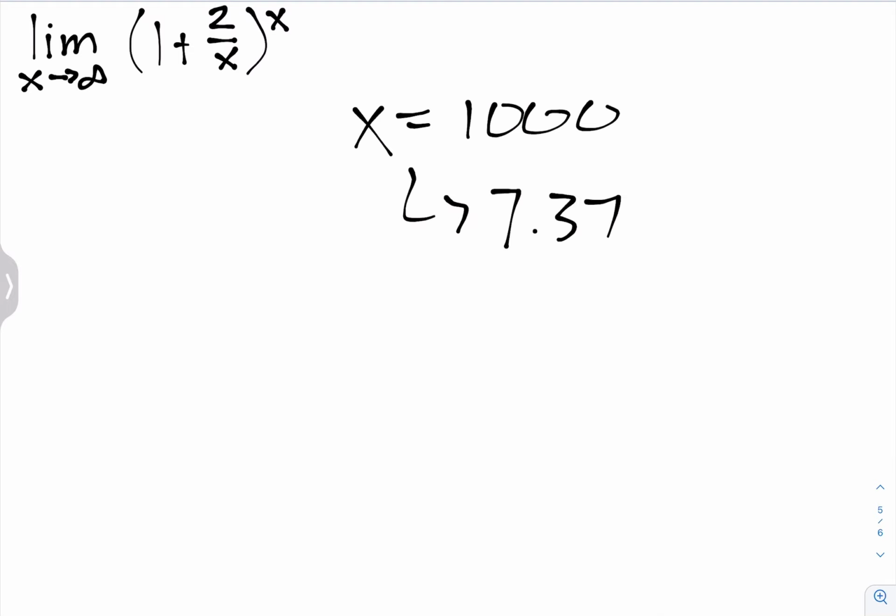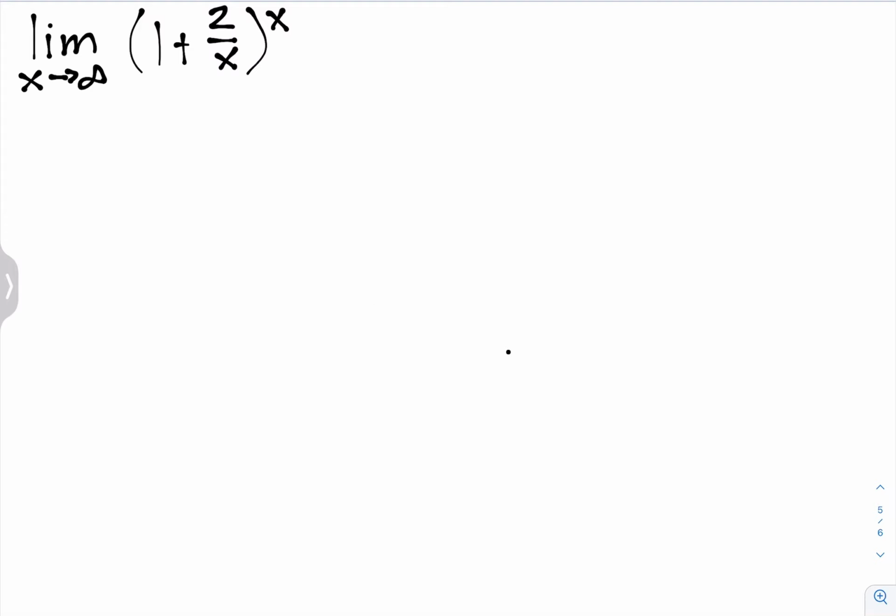Now, e is only 2.718, but let's say we were to square e. If we were to square e, that's 7.39. So those two are super closely related. So let's see if we get e to the power of 2 for our answer.